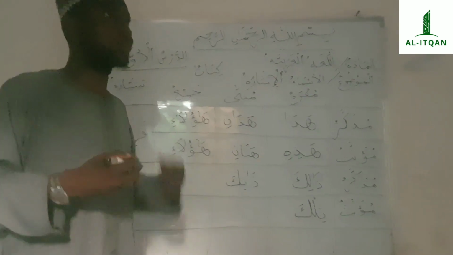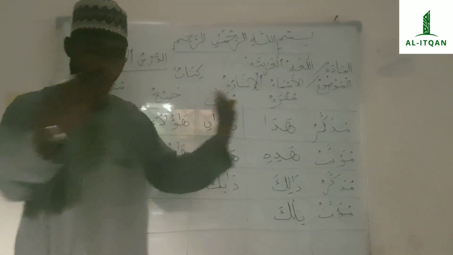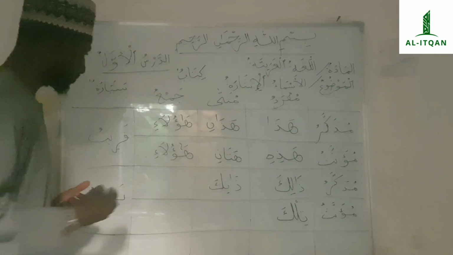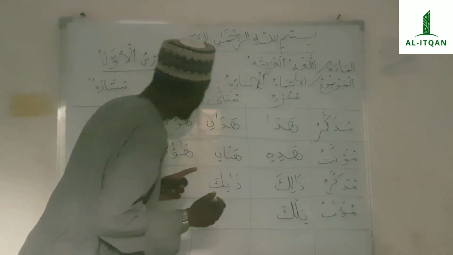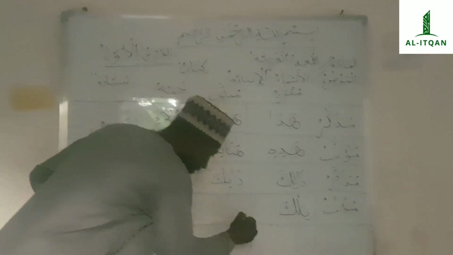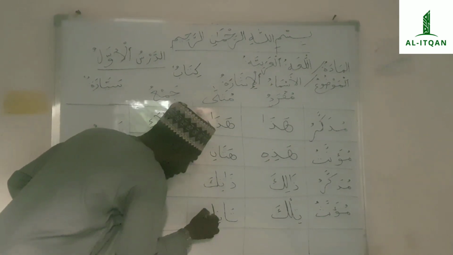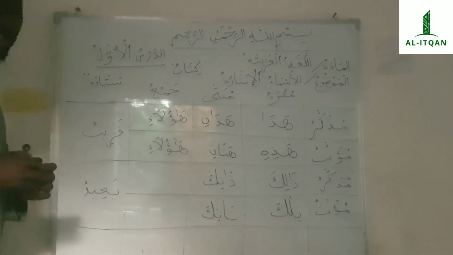So if you are referring to two things, the demonstrative pronoun you will use will be for two things. Here, dual feminine, you say tanika.